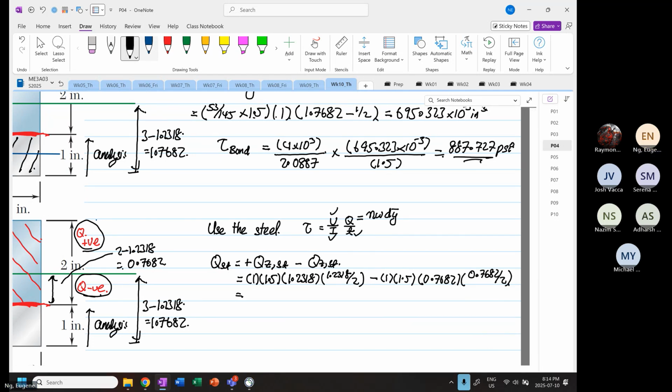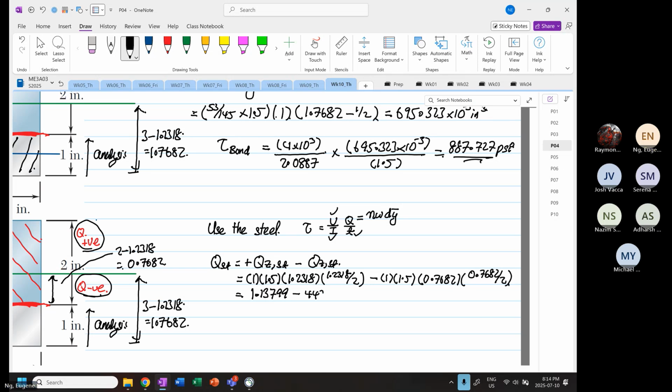So this will be equal to 1 times 1.5 times 1.2318 times 1.2318 divided by 2, which is equal to 1.1379, or I'll put more decimal points, minus 1 times 1.5 times 0.7682 times 0.7682 divided by 2.